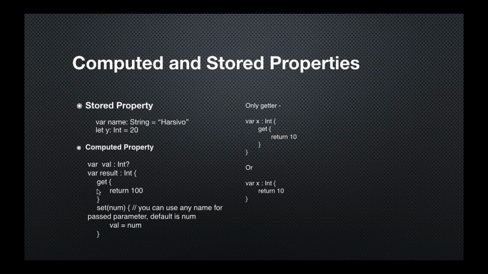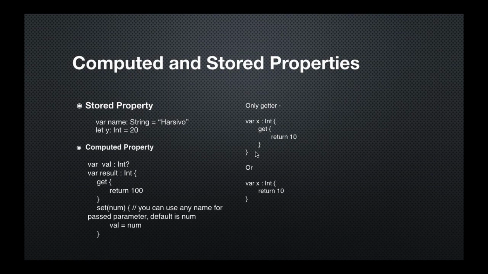So you can do any type of calculation. I have just written a simple thing. If you want to do something more complex, like check something before giving the result, you can do all those calculations over here. This is one way of doing it. If you don't want a setter, you just want to return some value based on some calculation, you can do the calculation and just return 10.